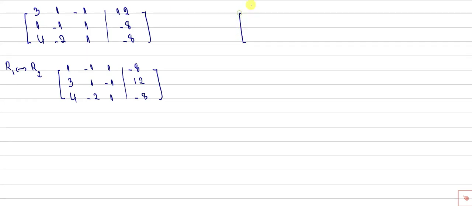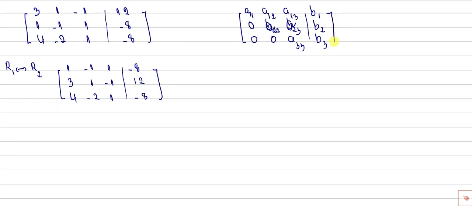The general form of Gaussian is like A11, A12, A13 equal B1, and 0, A22, and A23 equal B2, and 0, 0 and A33 equal to B3. This is the general form of our Gaussian elimination.